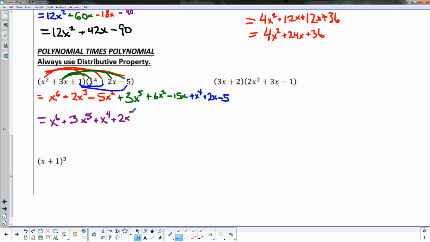So no combining like terms yet. X squareds, I do have two of those. I have negative 5 and positive 6. So that's going to be 1x squared. X's, I have two of them. I have negative 15 and positive 2. So it's going to be minus 13x. And then I only have one constant number of 5.